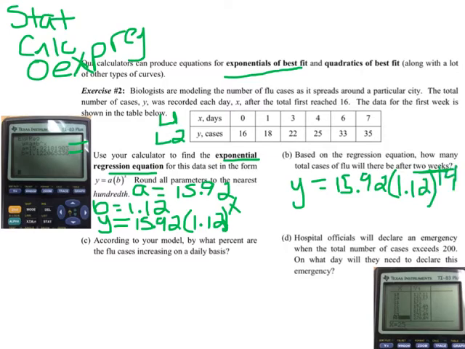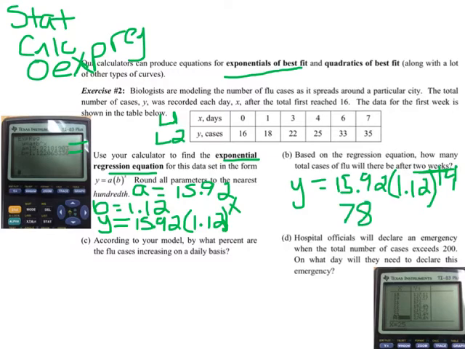And if I solve that, if you type that into your calculator, you'll be able to get the correct answer of, and I'm looking for it right now, I apologize, 78 flu cases.